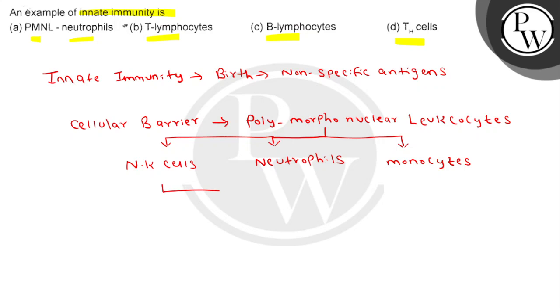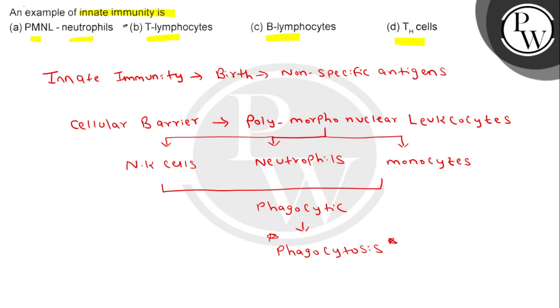Now all these types of cells are phagocytic in nature, and they will kill or destroy the pathogen by the phagocytosis process. What do you mean by the phagocytosis process?